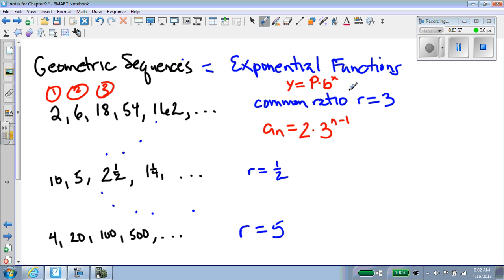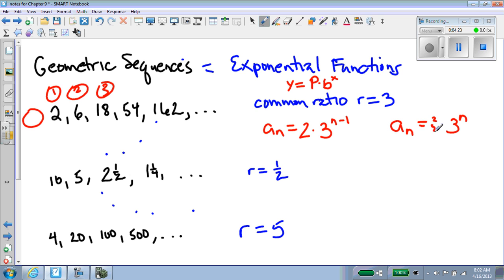If you want it to be exactly like this, we could call this a sub n is equal to 3 to the n, but then we'd need to know what term came before the first term. That would be our starting point at time 0 rather than at time 1. If I'm multiplying by 3 to go forward, I divide by 3 to go backward.